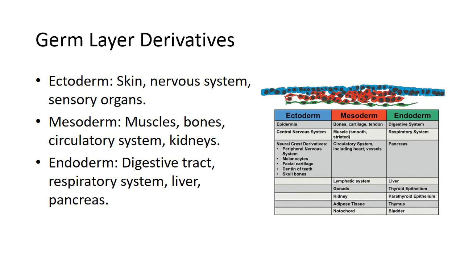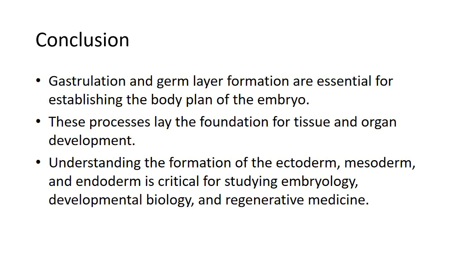Mesoderm gives rise to structures such as muscles, bones, and the circulatory system. Endoderm forms the internal organs like the digestive and respiratory systems. Signaling pathways like nodal, WNT, and BMP control the differentiation of cells into the appropriate germ layers, guiding the development of the body plan.